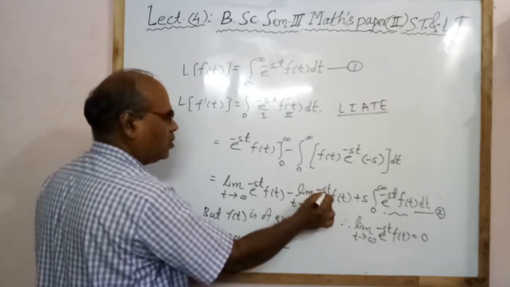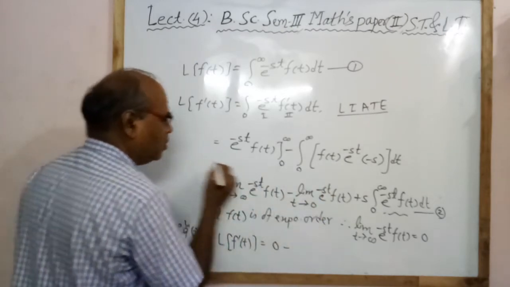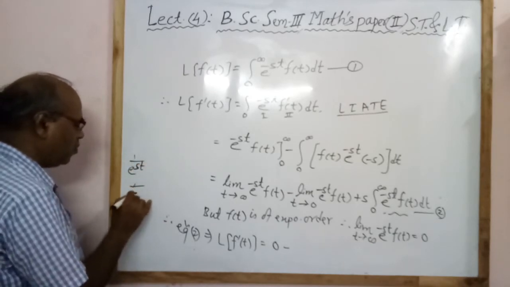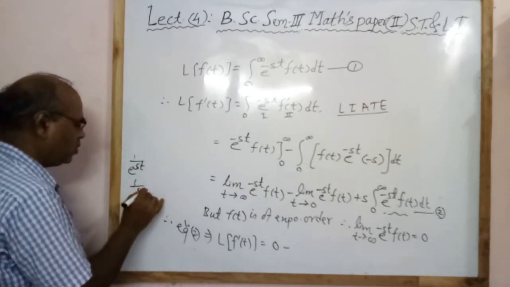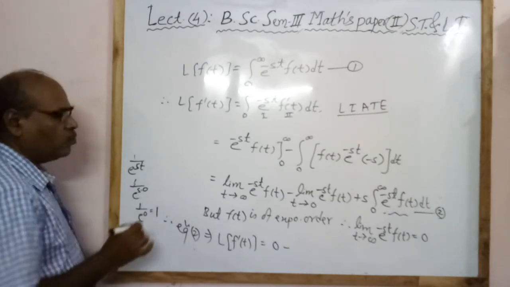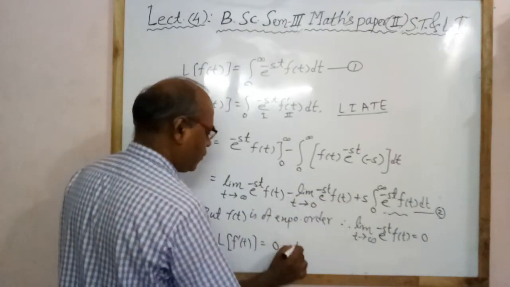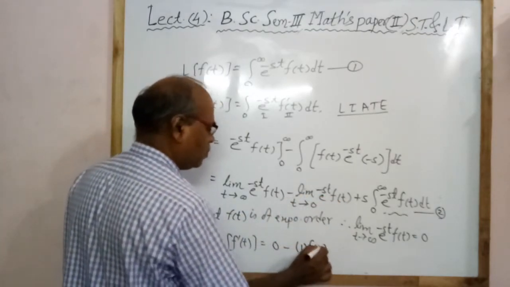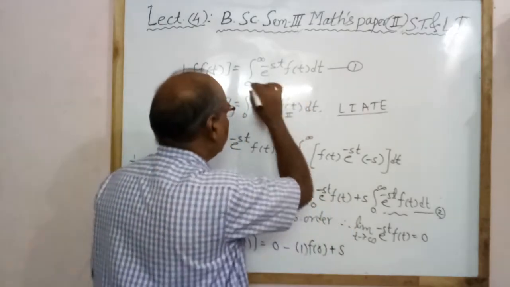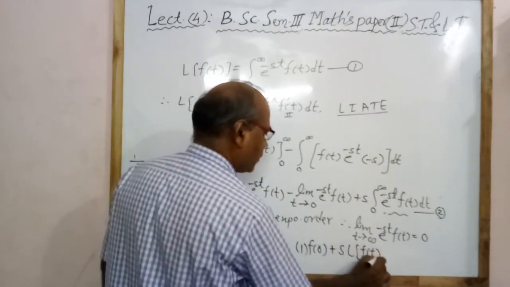Here e to the power minus st in the denominator gives 1 upon e to the power st. At t equal to 0, 1 upon e to the power s into 0, that is 1 upon e to the power 0, and e to the power 0 is 1, so we get 1. Therefore 1 multiplied by f of 0. And the integral term is, by definition of Laplace transform, s into Laplace of f of t.